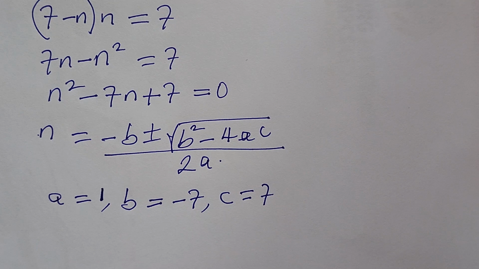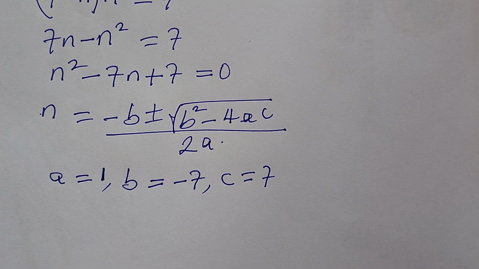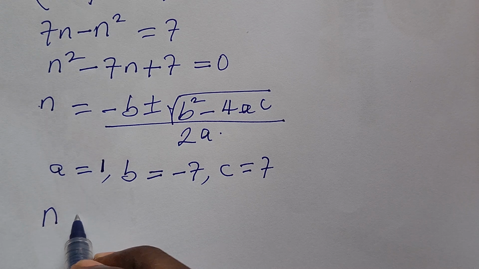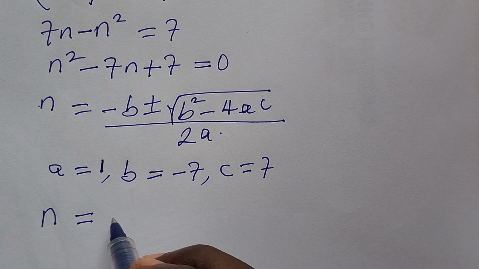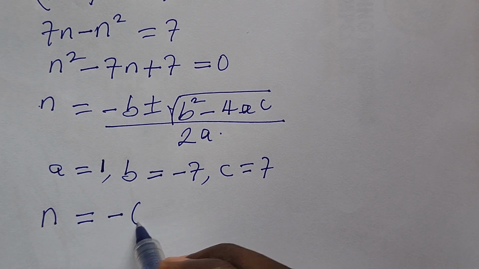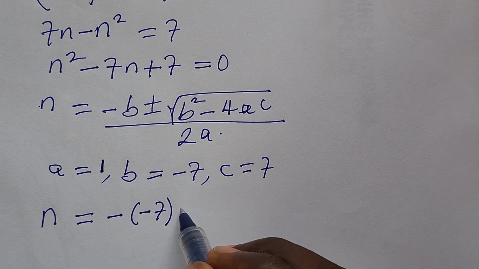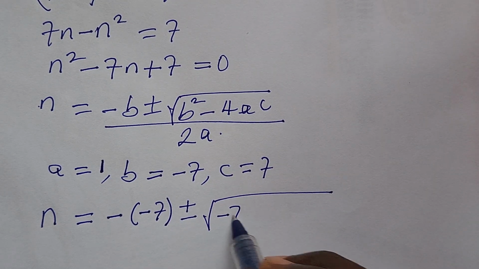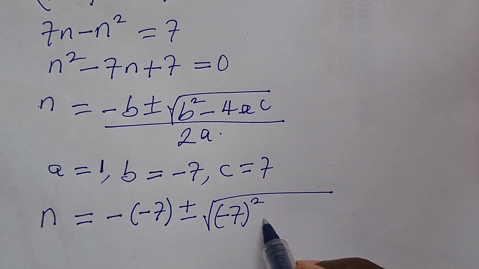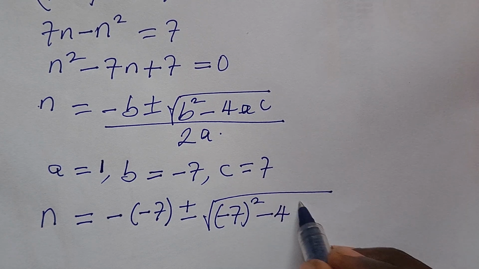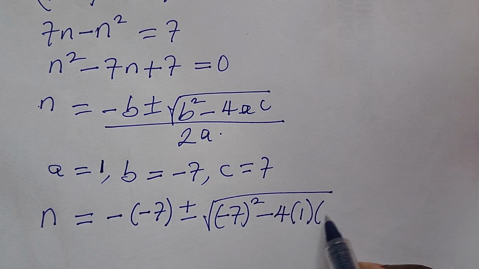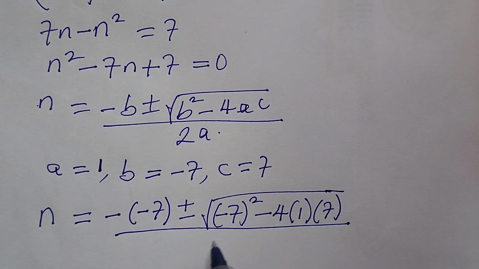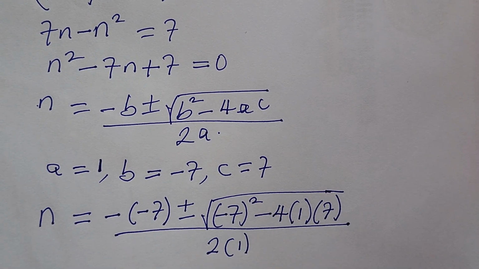So let's put all these values into our formula. We're going to have n equal to minus (minus 7) plus or minus the square root of (minus 7) to the power of 2 minus 4 times 1 times 7, all over 2 times 1.